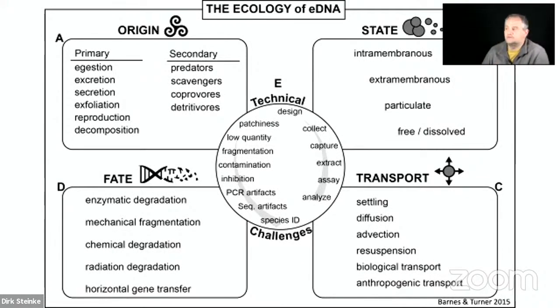And then the environmental DNA is free, and its fate is normally that it's slowly, mechanically, and enzymatically degraded. If it's free floating, there's also chemical degradation. There are a lot of substances that shear DNA very quickly. Radiation plays a role, and we're talking about natural radiation here as well, especially UV light.